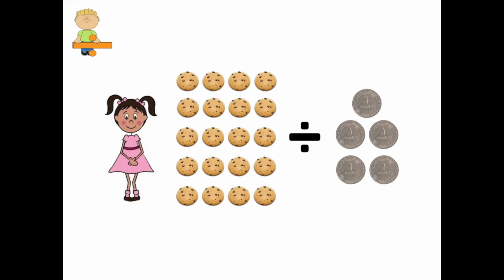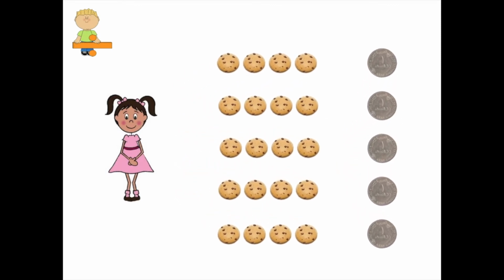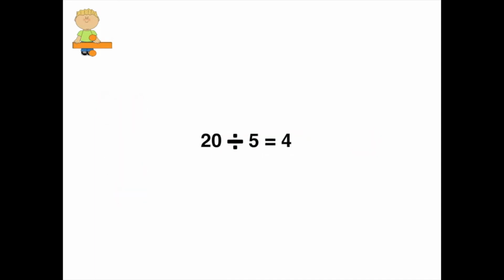Reem used her math skills and divided the 20 cookies by 5 dirhams. She found that each dirham can buy 4 cookies. So we can say that 20 divided by 5 equals 4.